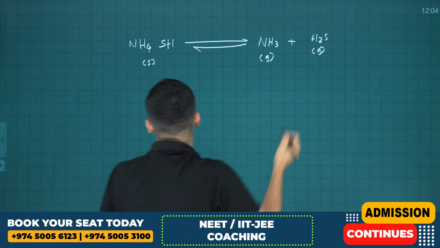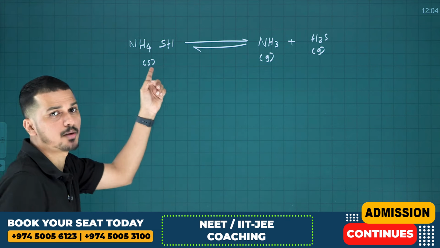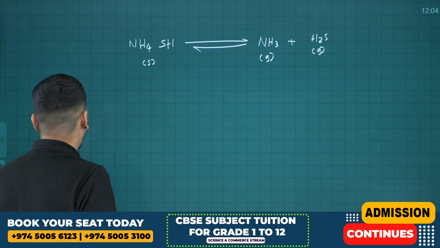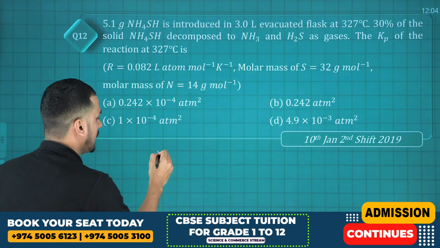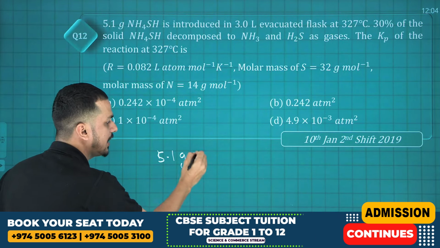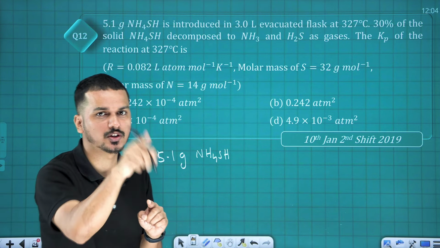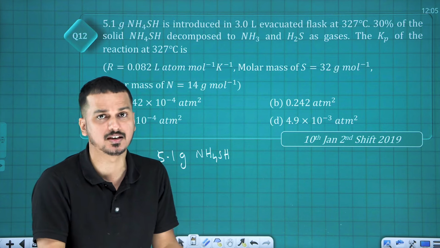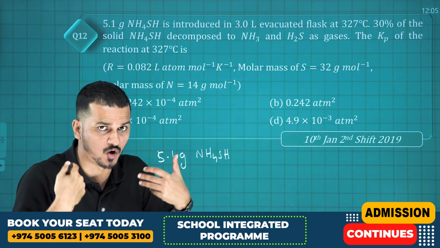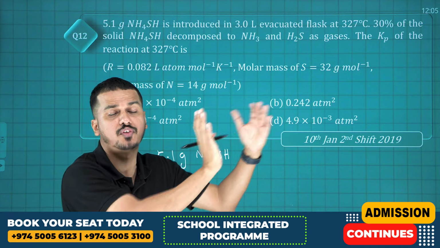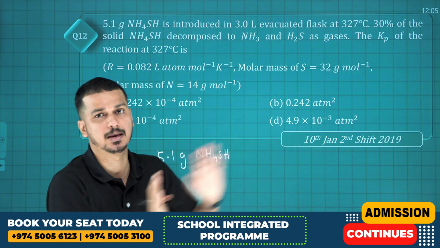Since it is a solid, but instead of giving the number of moles, they gave 5.1 gram NH4SH. But we need the number of moles, then only we can find the Kp, because we have to find the mole fraction. So automatically we need the number of moles. We know the steps and procedures to find Kp.